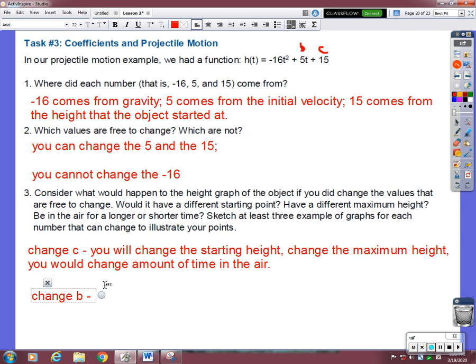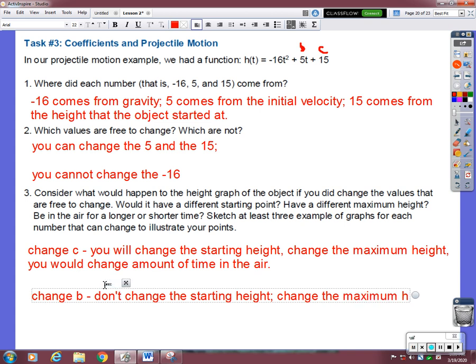If you change b, you don't change the starting height. That stays the same if you leave c alone. But you would change the maximum height, because if you throw it harder, it's going to go higher. Or if you throw it not as hard, then it won't go as high.